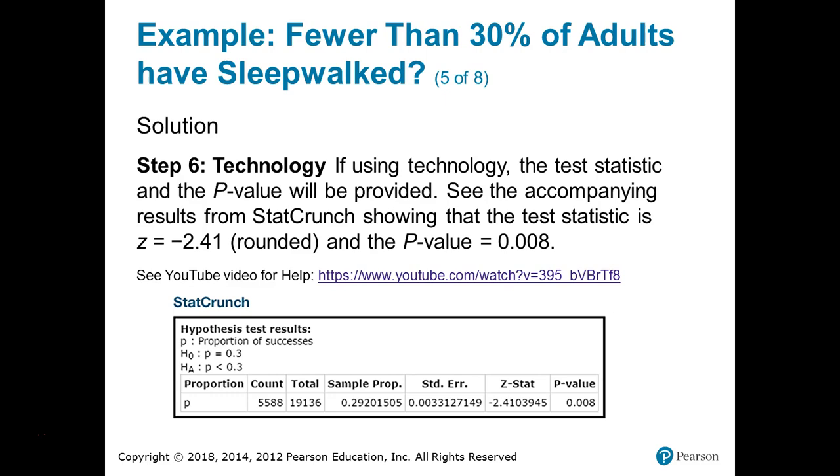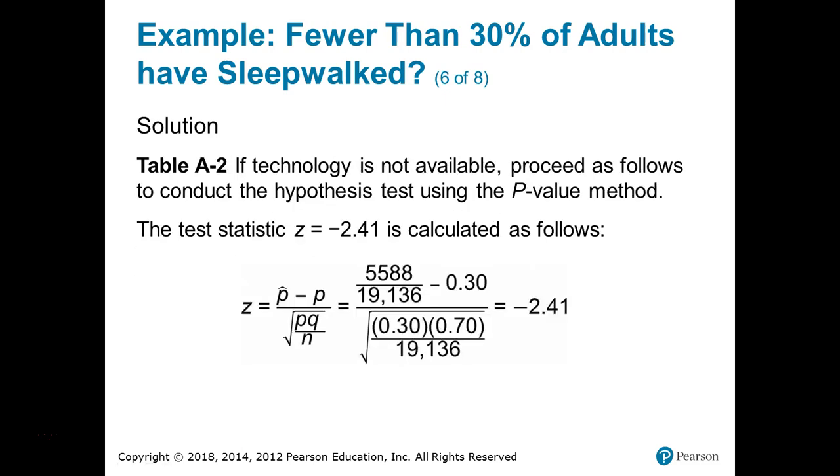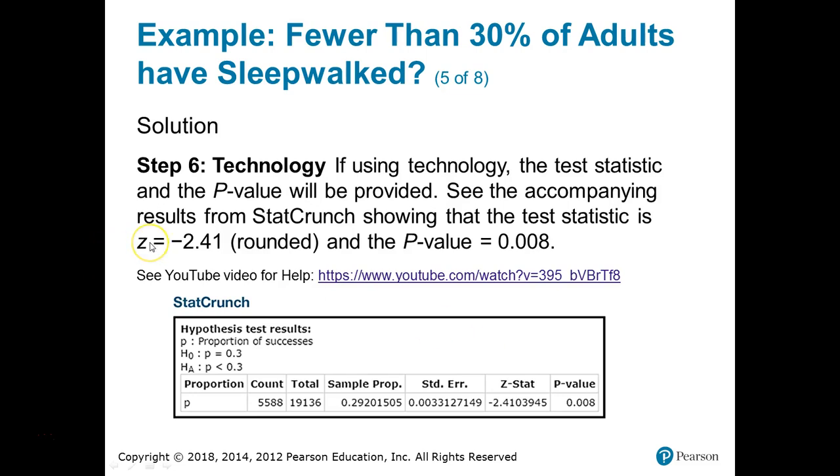You will find that the Z value is negative 2.41, and the P value is 0.008. I also included a link to a YouTube video if you want to see how to do that using StatCrunch. Or you can do it using the formula. Again, the formula gives a value of negative 2.41, which is the same as what StatCrunch gave us.